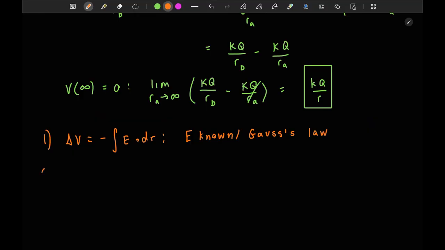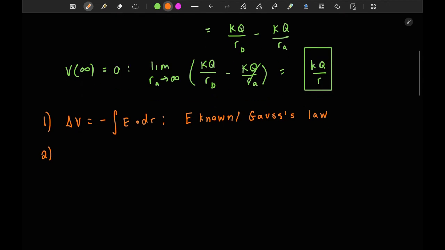Formulation 2, KQ over R, obviously we'll use for point charges when we want to know the potential difference in the vicinity of a point charge. But if we have charge distributions for which we would find the field via direct integration, for example a short rod so that we cannot apply Gauss's law, or a ring of charge, those are examples in which E is fairly complicated.